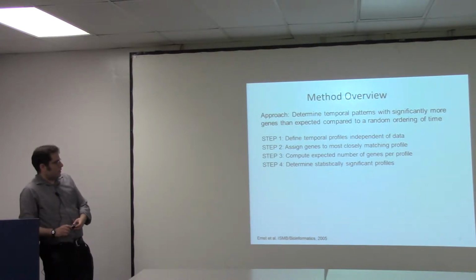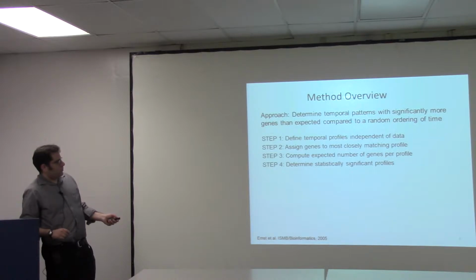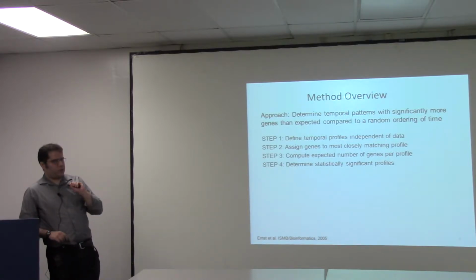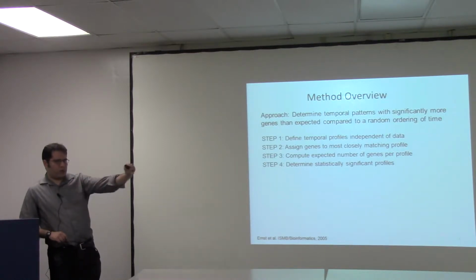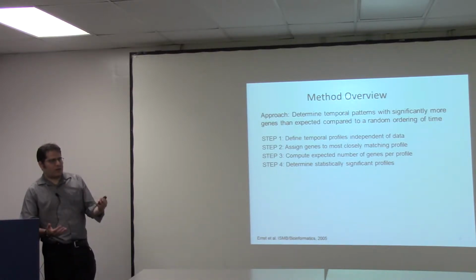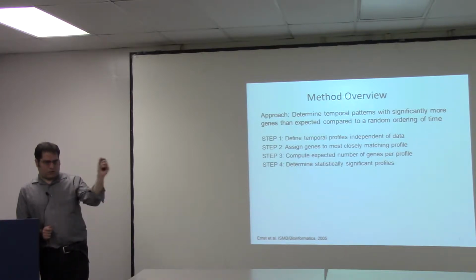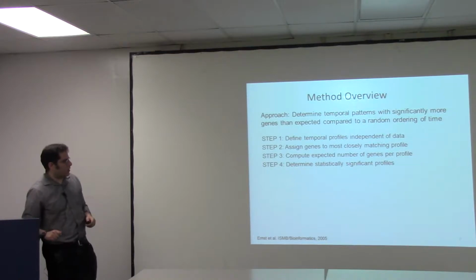So this is a high-level strategy of the method we developed. What we want to know is, are there significantly more genes having some pattern compared to the number of genes we would expect under a random ordering of time? There's one true ordering of time where we have counts of how many genes have certain patterns, and then we can figure out an expectation under this model where we permute the order of time and see how many genes have some profile.